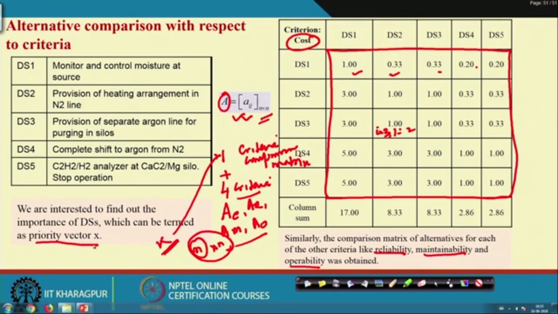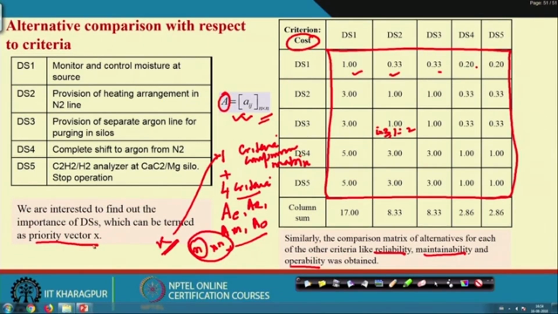One is criteria to criteria comparison. Another is, with respect to each of the criteria, pairwise comparison of all the alternatives. So, if there are k criteria, there is one comparison matrix amongst the k criteria and k comparison matrices amongst the alternatives, here the design solutions.